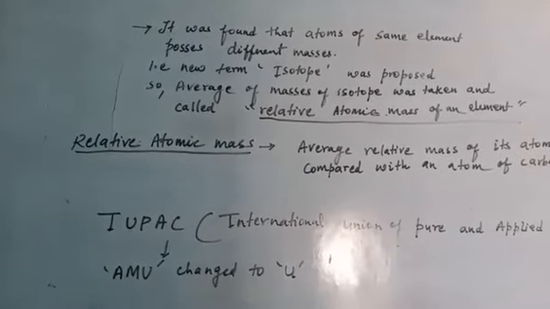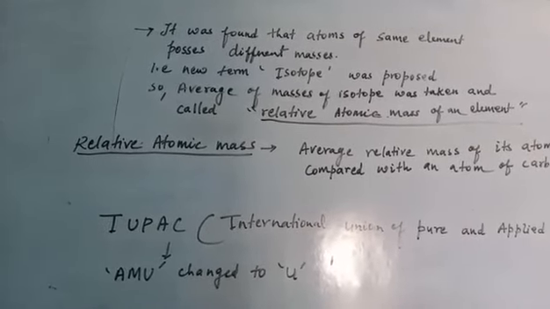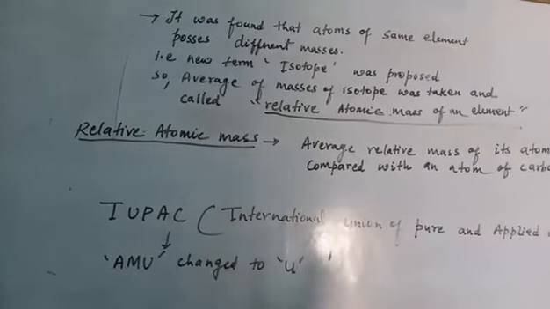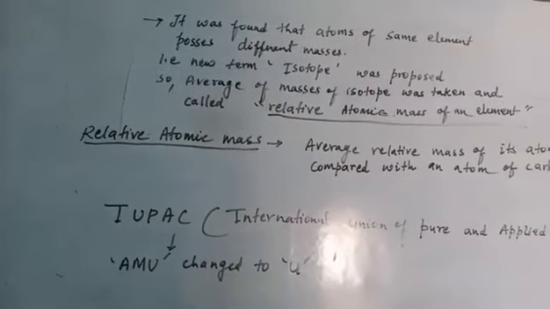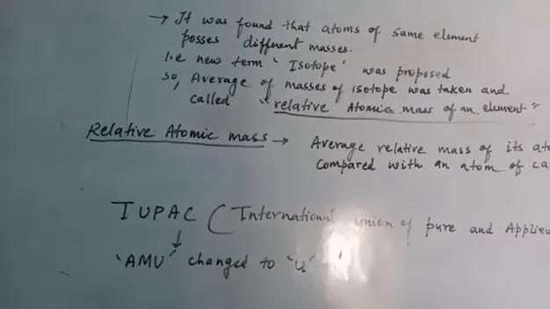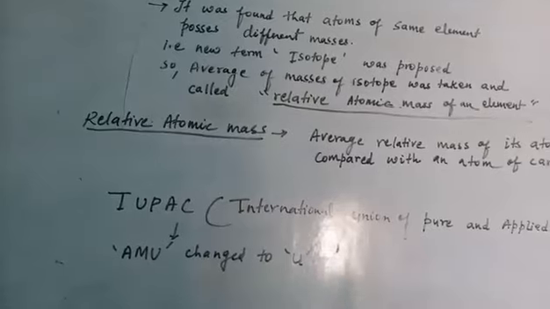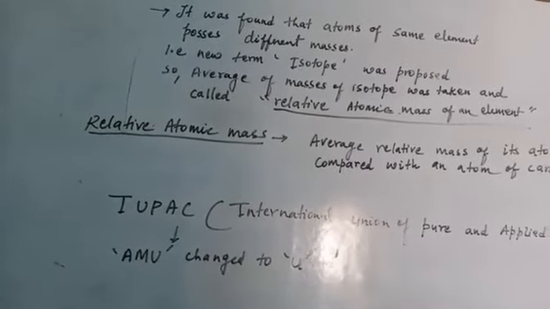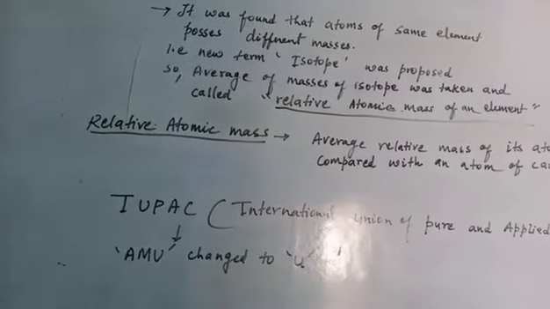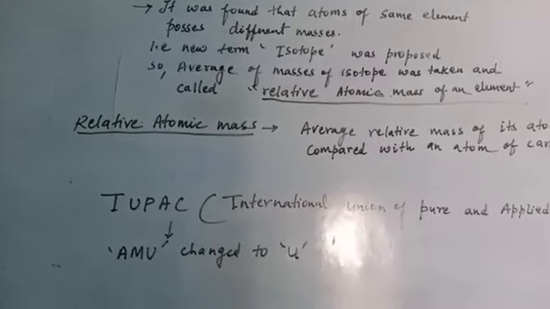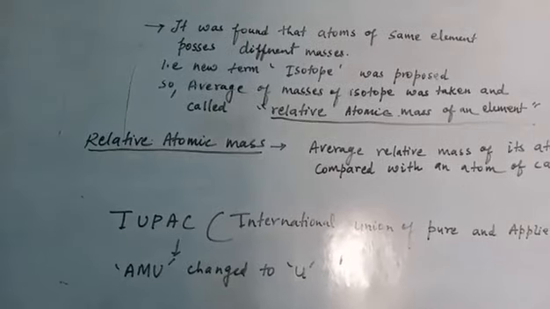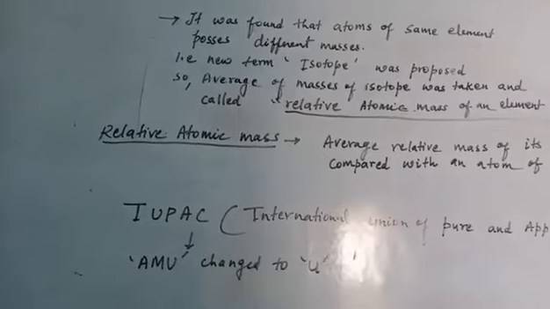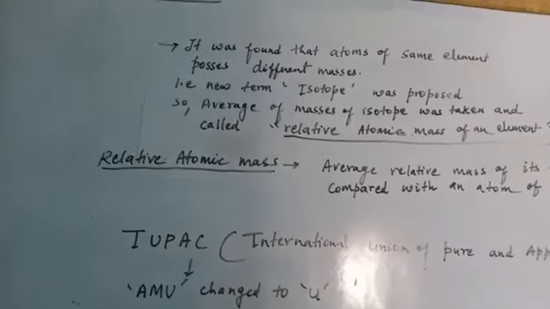Isotopes, as I have discussed earlier, are the different atoms of the same element having different atomic masses. We learned the example of hydrogen, where the same hydrogen has atoms having different atomic masses. Even in chlorine we saw that different isotopes are present. Those different atoms of the same element having different atomic masses are called isotopes.